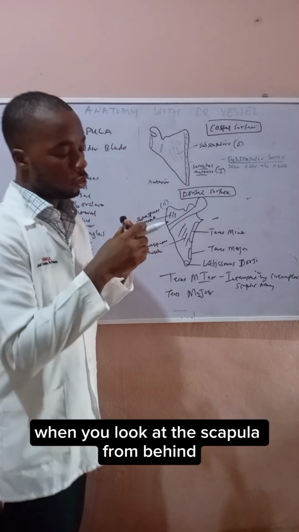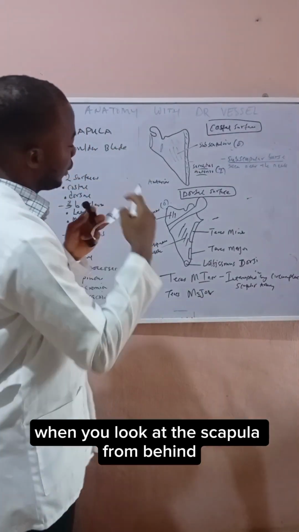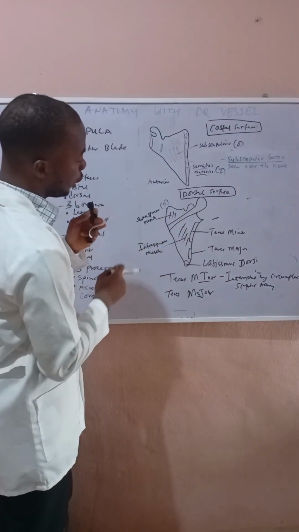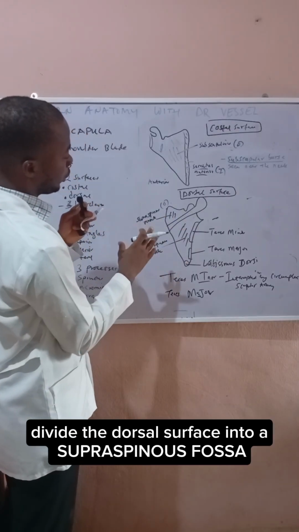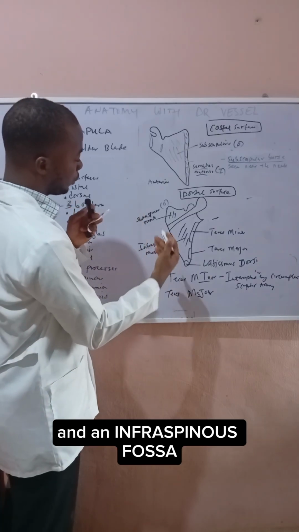The dorsal surface is when you look at the scapula from behind. When you look at the scapula from behind, you will get to see the spinous process. The spinous process divides the dorsal surface into a supraspinous fossa and an infraspinous fossa.